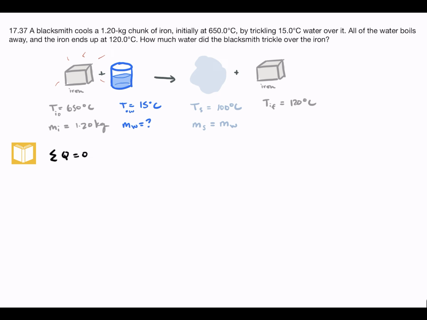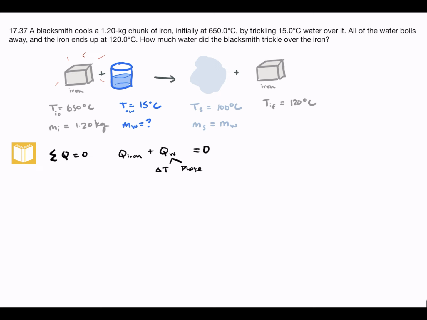What that means is, in this case, Q for iron plus Q's for water, which is both, this is going to give us 2 Q's because this is going to be change in T and then phase.